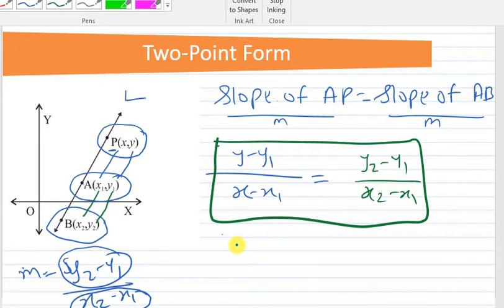To understand how to use this formula, let's take an example. Obtain the equation of line passing through point A and point B. As obvious, if we know the 2 points on a line, we are going to use the formula for equation of line in 2-point form.